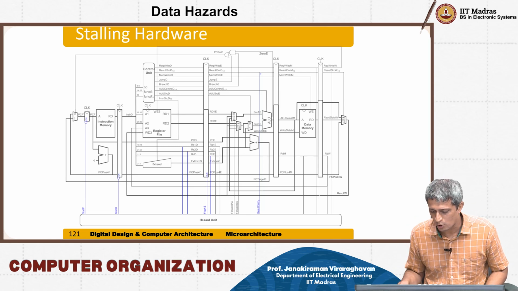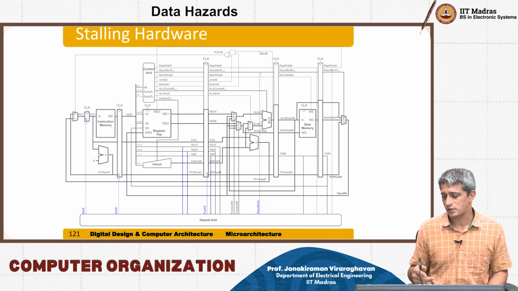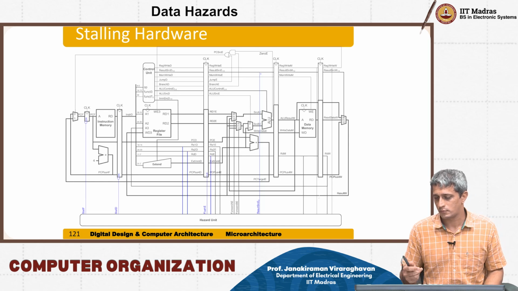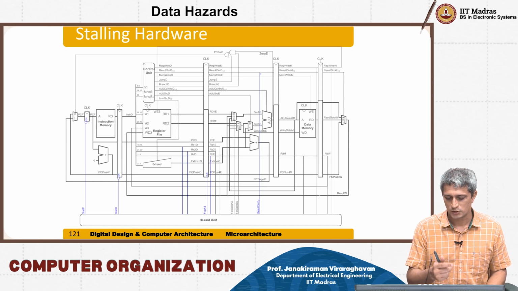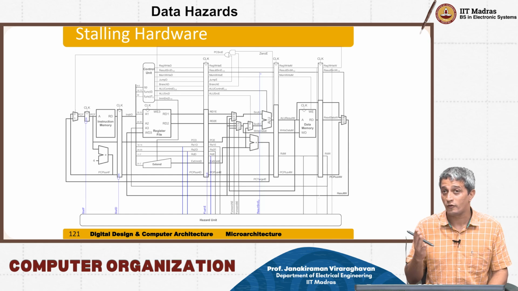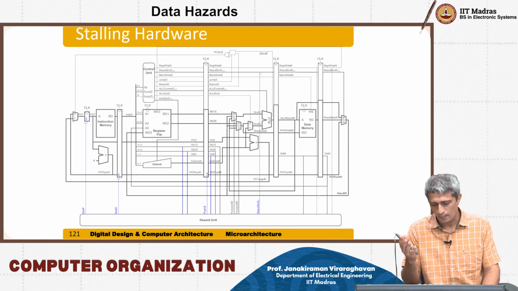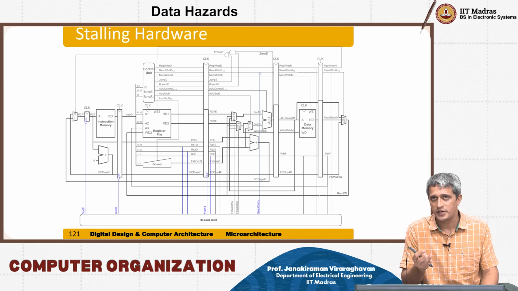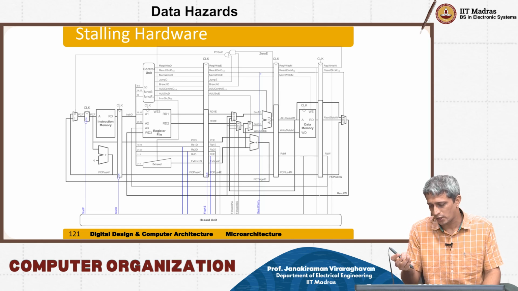So now you have a hazard unit that is controlling the result source, the flush E, stall D and the stall F, corresponding to different stages of the pipeline. F corresponds to fetch, D for decode, E for execute.